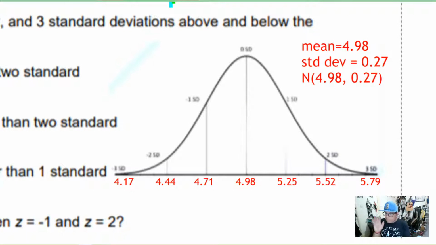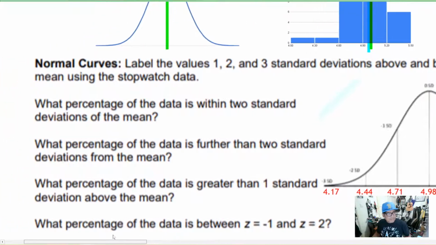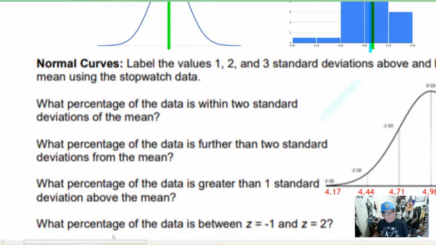So every time that was done by a student can fit into one of these categories, either between a standard deviation of -1 and 0, or maybe between 1 and 2, or 2 and 3. And we can just count now what percentage of the data was within 2 standard deviations of the mean.